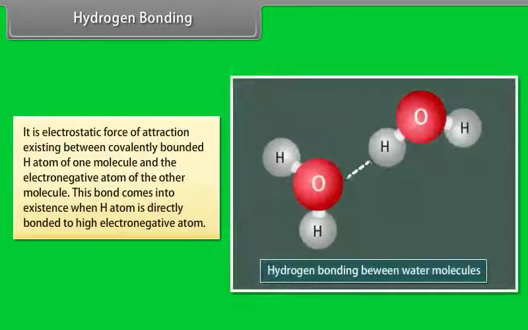Hydrogen bonding. It is the electrostatic force of attraction existing between the covalently bonded hydrogen atom of one molecule and the electronegative atom of the other molecule. This bond comes into existence when a hydrogen atom is directly bonded to a highly electronegative atom.